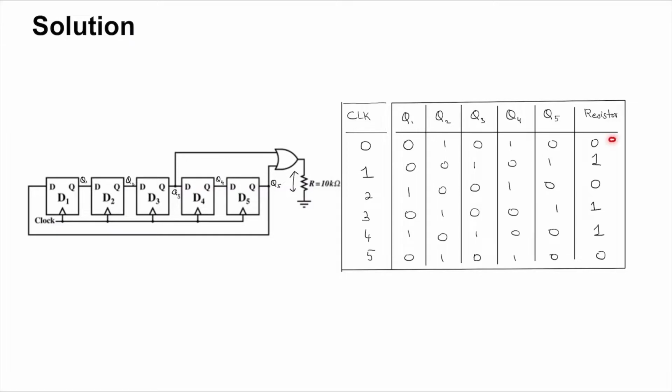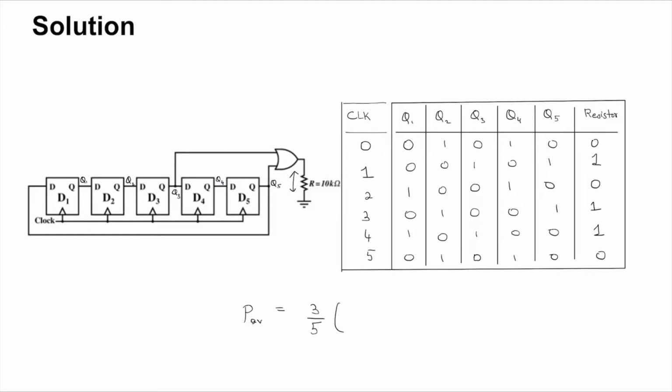Right? So out of 5 clock pulses, for 3 of them, you've got a 5 volt across the resistor. Well, that means that the average power is going to be 3/5 of the power in each period.